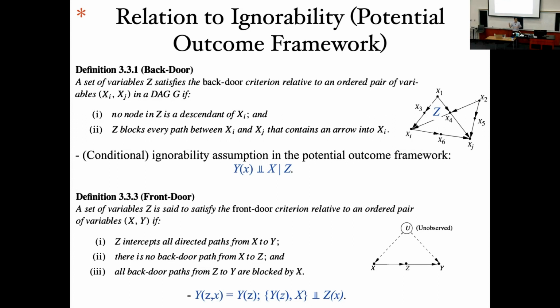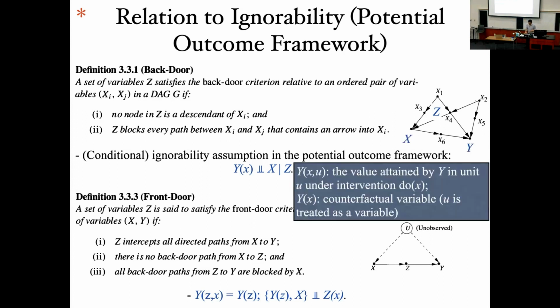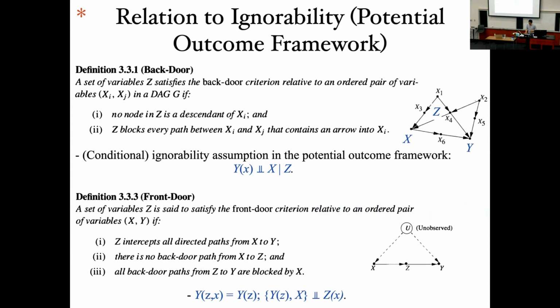Later, I will formulate a faithfulness assumption and some other assumptions once again, but it's not a surprise. Whenever you want to go from one world to another, you need to make assumptions.